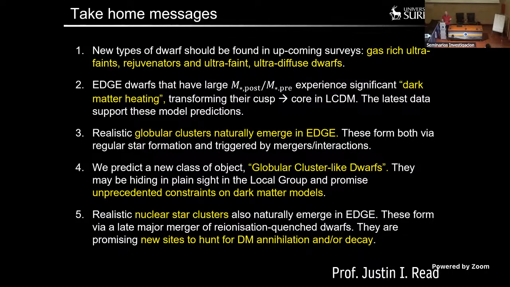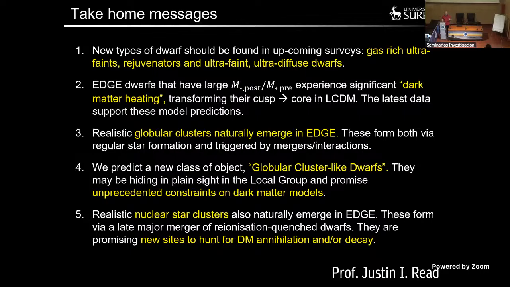And then the second point is we find that even at a fixed stellar mass or a fixed halo mass, you get quite a bit of scatter because it depends how you form those stars. If you form those stars in a more bursty manner, and if the underlying halo you're forming them in is already quite fluffy, say lower concentration, then it's easier to form a core. And conversely, if you have a very dense, concentrated halo and you form all your stars all at once rather than in this burst mode, then it's harder to form a core.